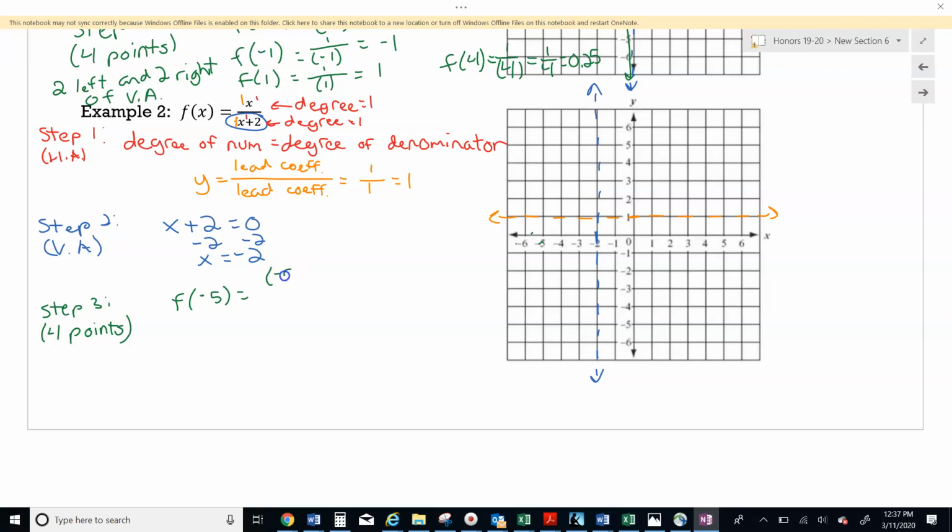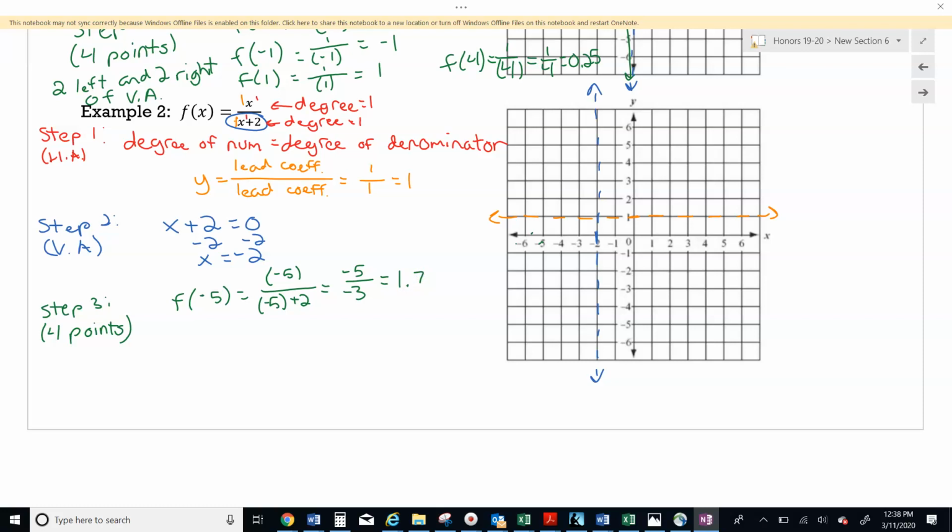So I have x, which is negative 5, over negative 5 plus 2, which equals negative 5 over negative 3, which equals about 1.7.